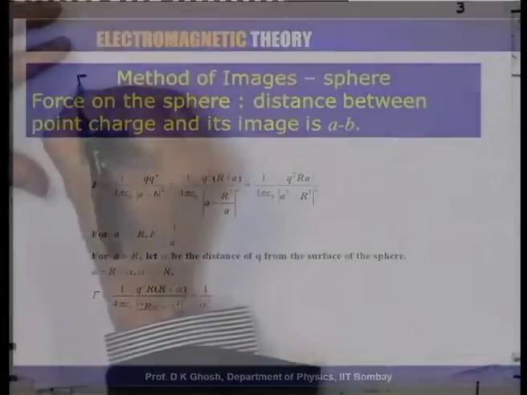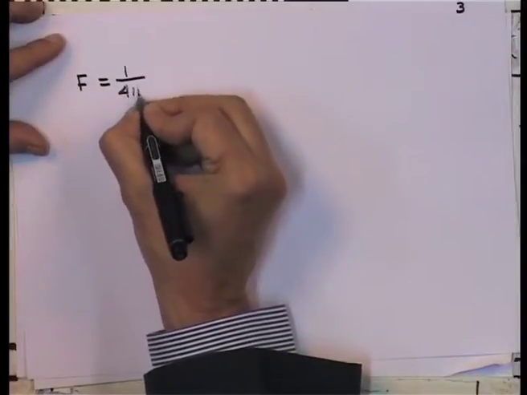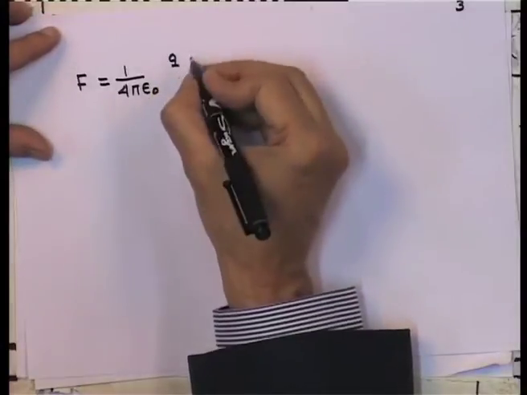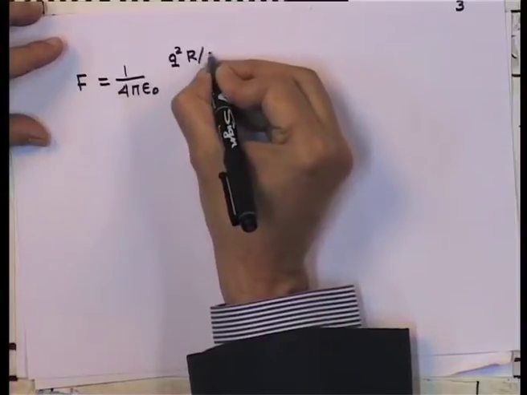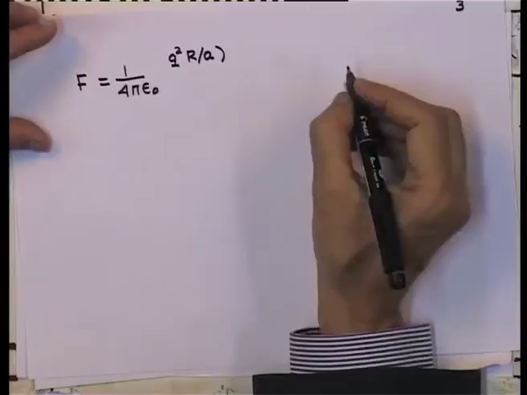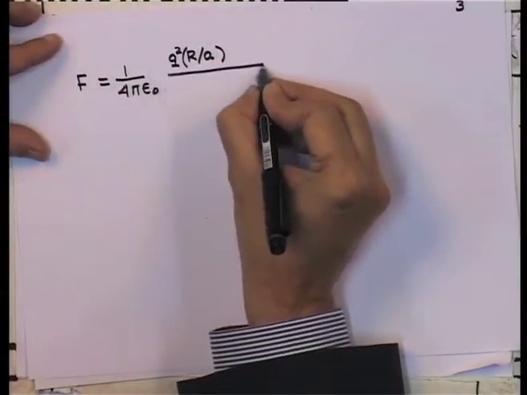So, the force is q prime, 1 over 4 pi epsilon 0 of course, q, and q prime is q times r by a. So, I got q times r by a, and I am just writing down the magnitude of the charge, because q prime is negative.